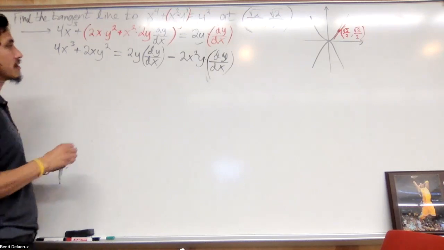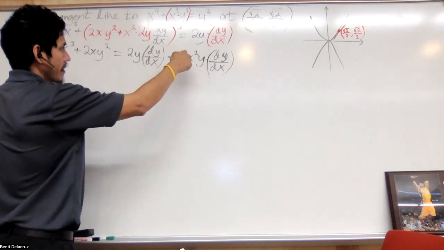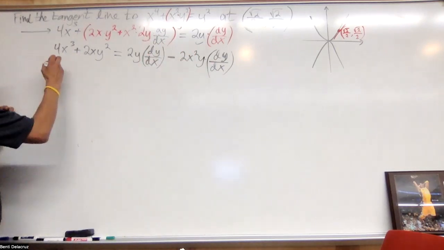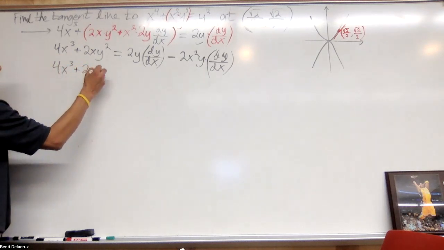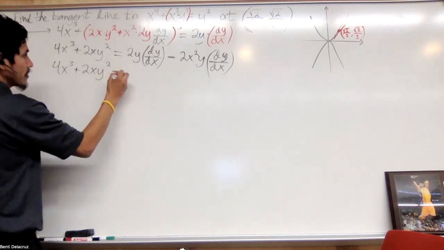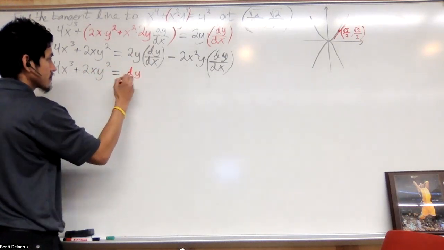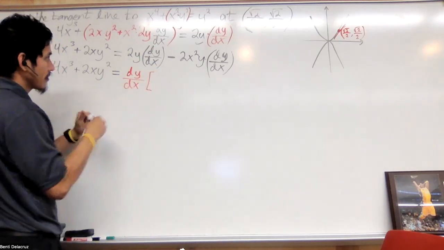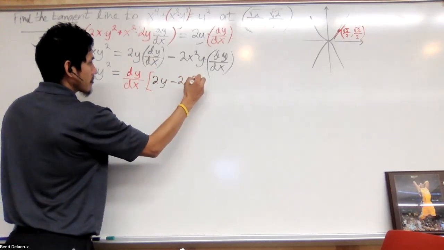Okay, now we're going to factor out this dy/dx from these two terms, and then we're going to divide by that. So on the left side, we still have 4x cubed plus 2xy squared. That'll be equal to, let's factor out this dy/dx, multiplied by 2y minus 2x squared y.